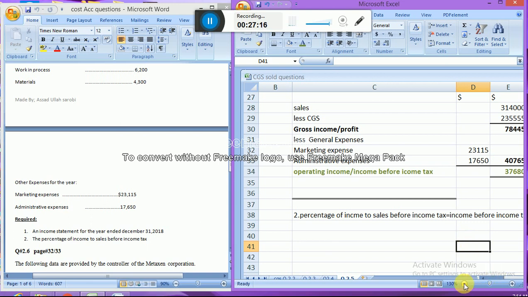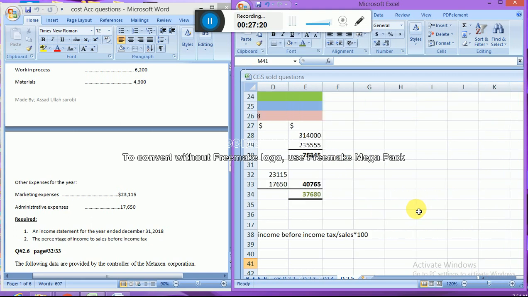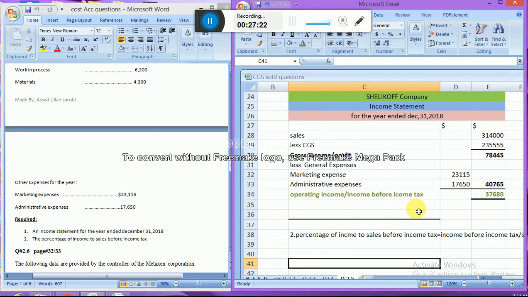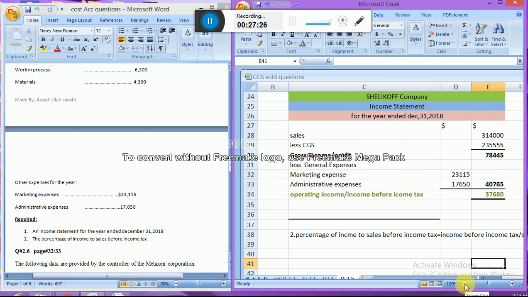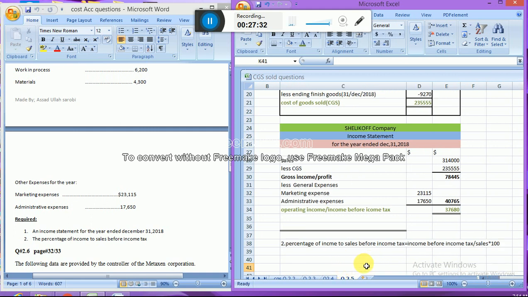Now look at the formula. How much is my net income before the income tax?